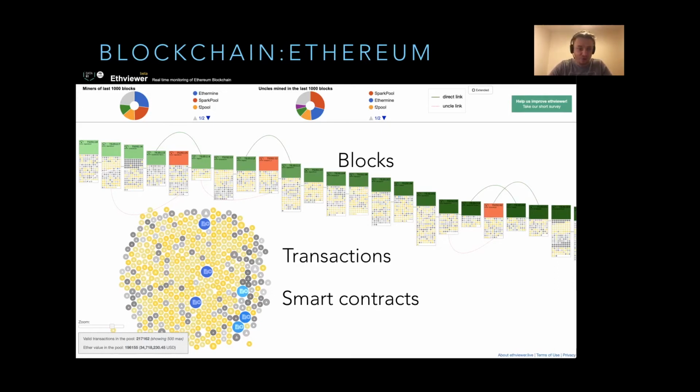Within the Ethereum blockchain, of course, you have also transactions on ETH, and at least on the top part of the diagram here, you see the miners of the last blocks, and you see the main pools of nodes that participate in the blockchain.